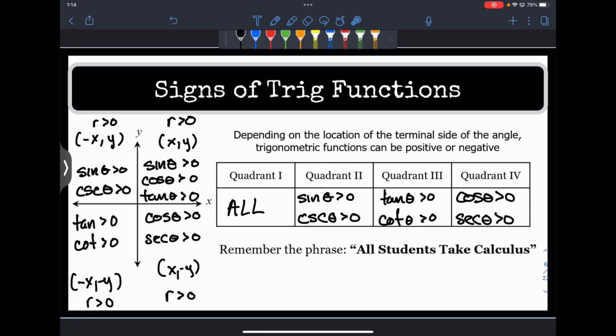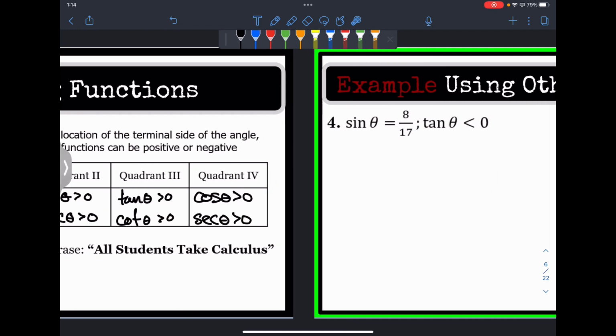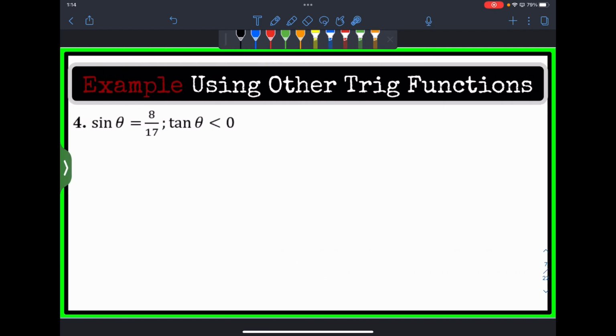Okay, so let's now use this information to find missing trig functions given one trig function and the sign of another. So let's say here that we know that the sine of theta is 8 over 17.